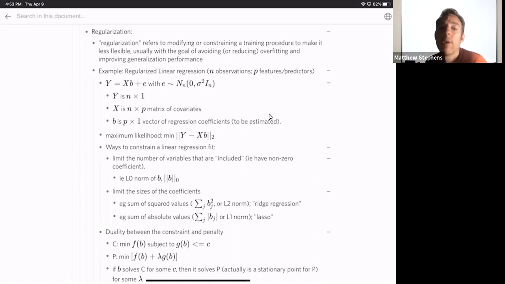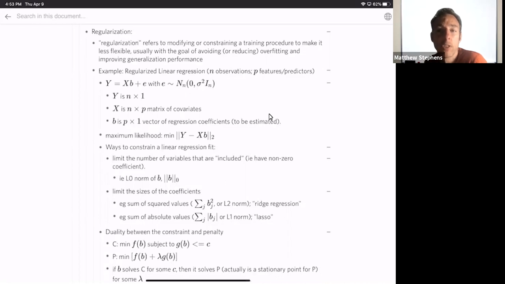Okay, so we could just say, I'm going to constrain the L0 norm of b to be no more than 1 or 2 or 10 or some other value, but constrain it somehow. That would make the model less flexible. Okay, so a less hard constraint would be instead to somehow limit the total size of the b effects.